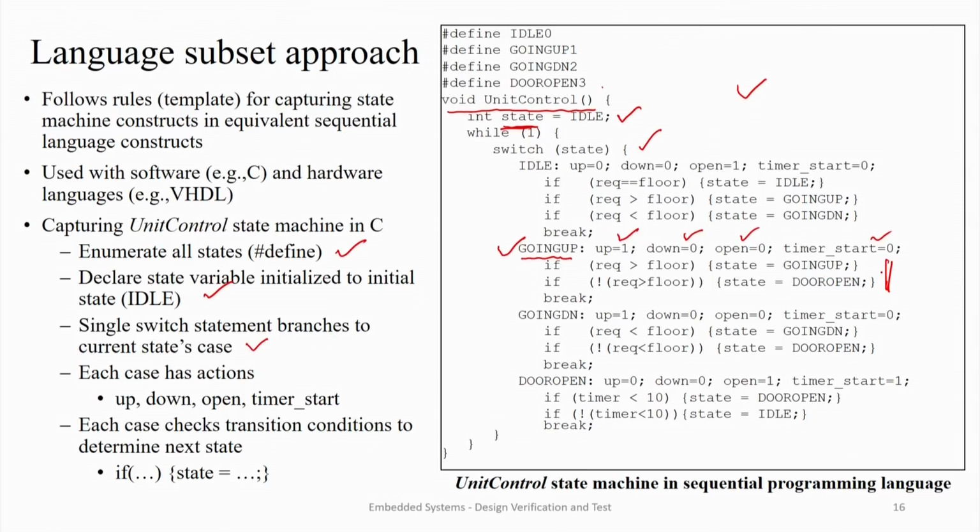For example, if you are at going up, then it says that if rec is still greater than the current floor, then you remain in going up. If rec is not greater than the current floor, you go to the door open state. Okay. Now, instead of this if statement, you can make it explicitly an if then else.